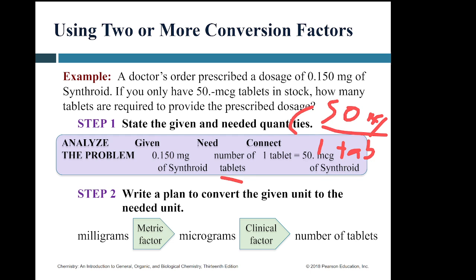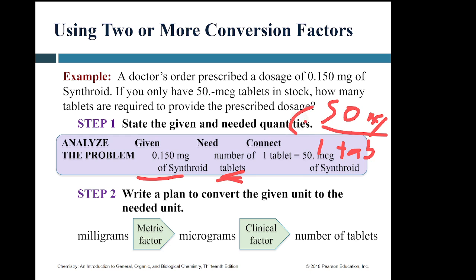Okay. So working it backwards, you start with, what do I need? Where do I want to end at? I want to end at tablets, don't I? So I have tablets right here. Well, what is related to tablets and going to get me somewhere closer to what I have right now, which is a weight, a mass?